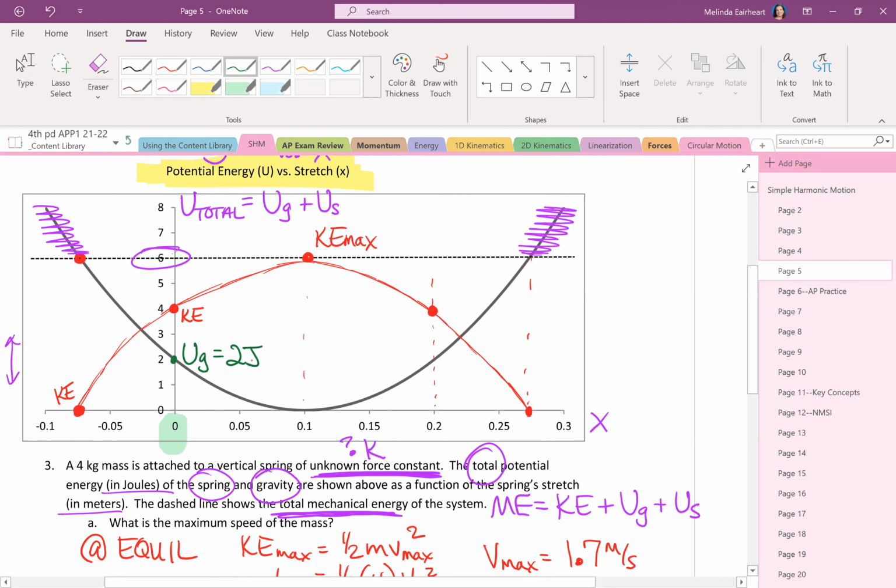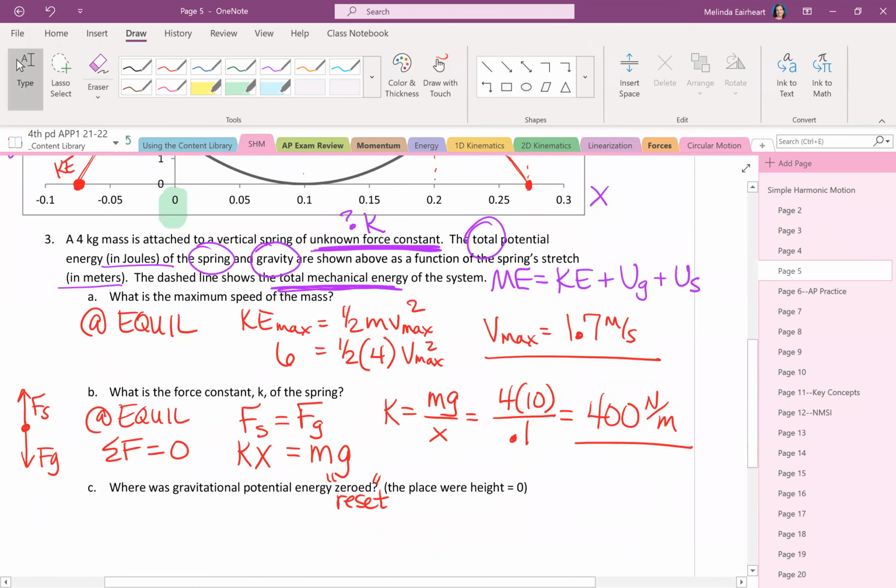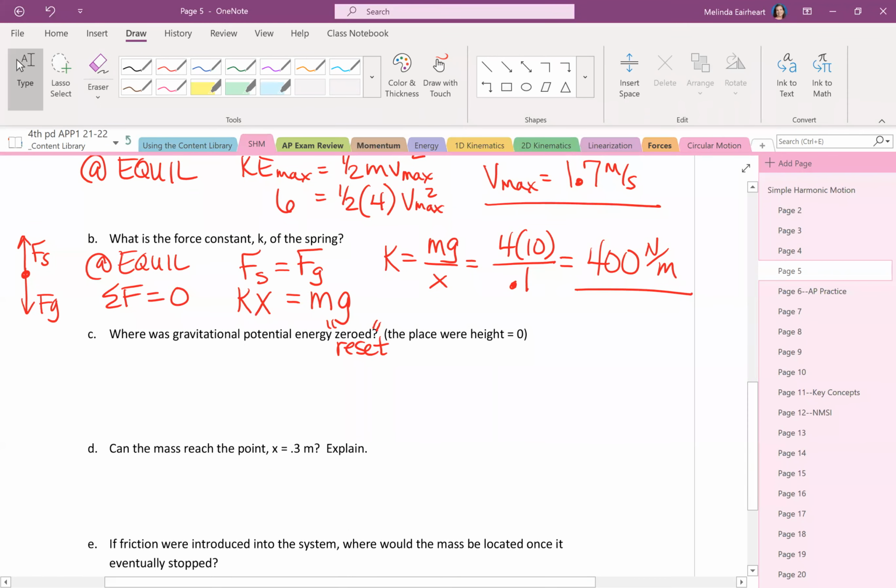potential energy, okay? And that's the special spot we're going to use to figure out, well, where do you hit the tare button? Where do you reset? And so where the stretch distance equals 0. And so gravitational is the 2 joules. And of course, gravitational is mgh.